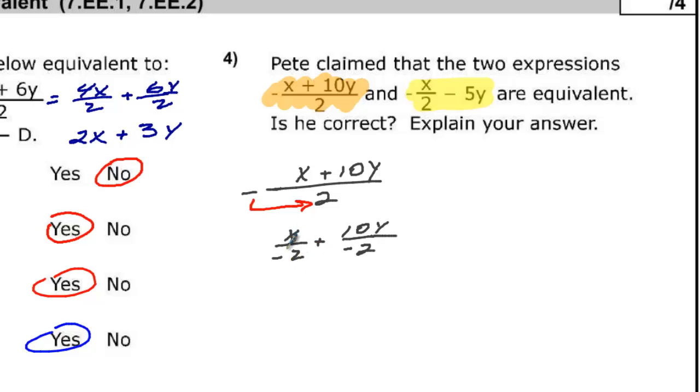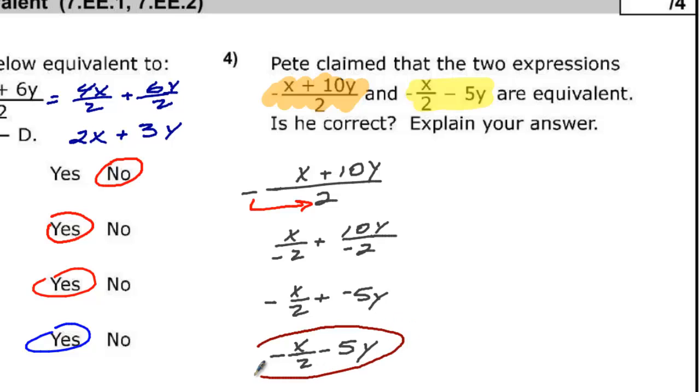Well, x divided by negative 2 is negative x over 2, or opposite of x over 2, plus 10y divided by negative 2 is negative 5y. And we can simplify that as opposite of x over 2, plus a negative is the same as subtraction, so that's minus 5y.